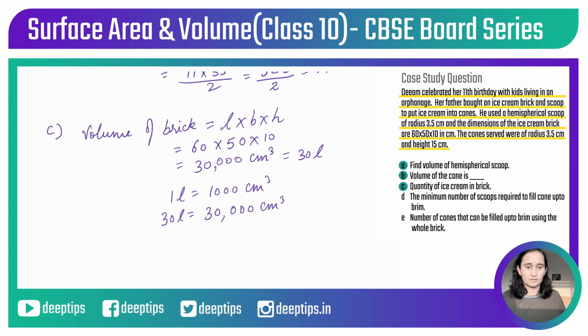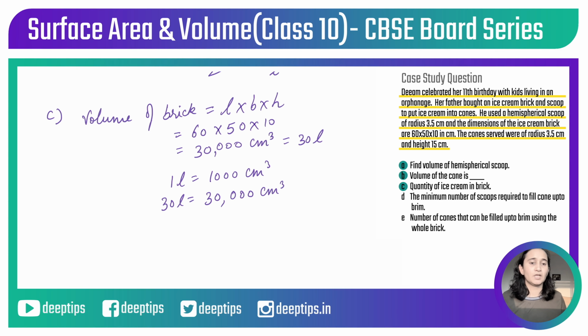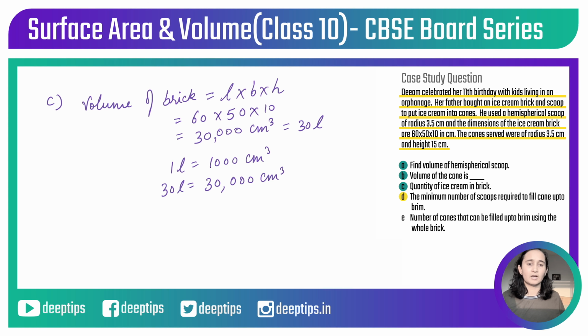Right? Now next is D part. The minimum number of scoops required to fill cone up to the brim. So here when they are asking to calculate the number of scoops to fill a cone, we need the volume of scoop and the cone, right? So number of scoops.